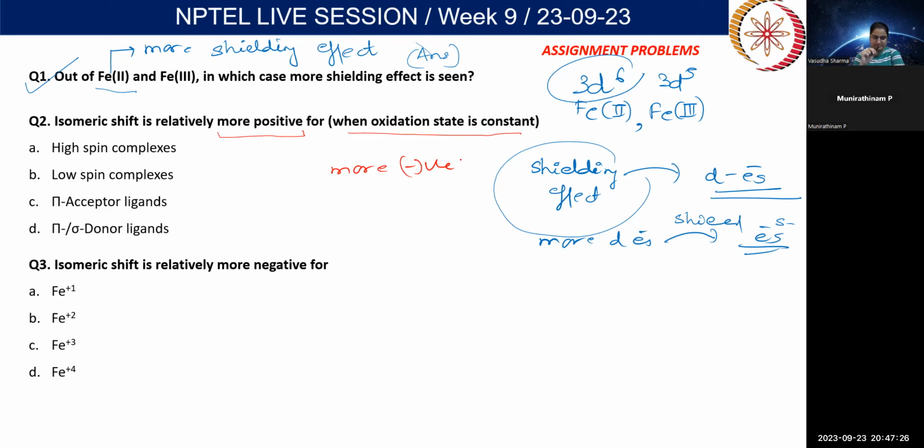So the number of d electrons is lesser. So more negative will come from low spin as well as strong field ligands. That is the ideology, right? Okay, ma'am. Right. So I am asking about more positive. So which should be the answers?